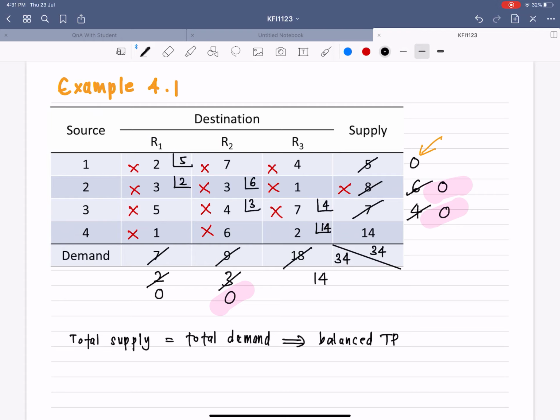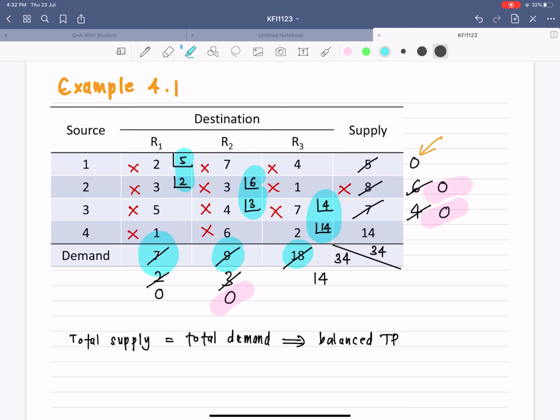So to check whether you have located the correct values, if you see here, we have 5 plus 2 is 7. 6 plus 3 is 9. 4 plus 14 is 18.